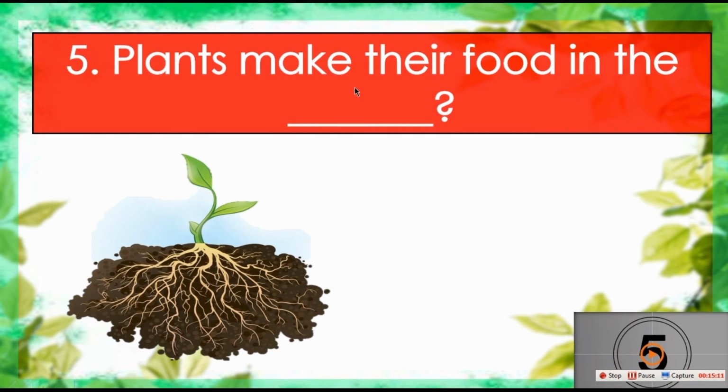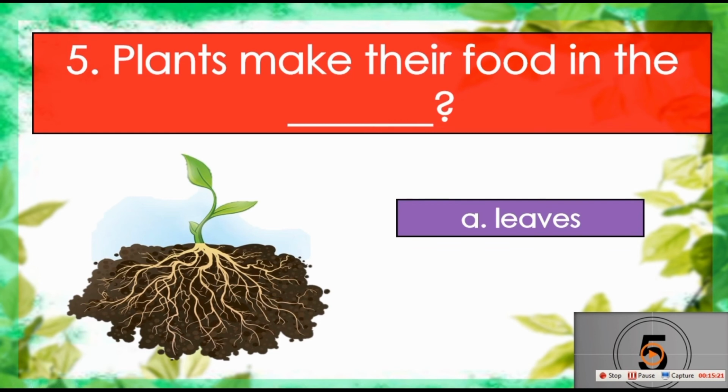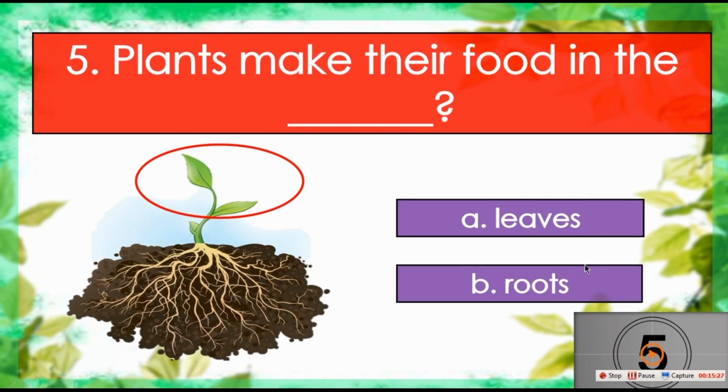Next, plants make their food in the blank. A, leaves. So this is the leaves. Next, letter B, roots. So this is the roots.